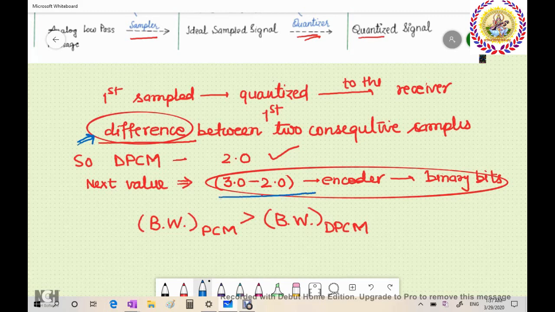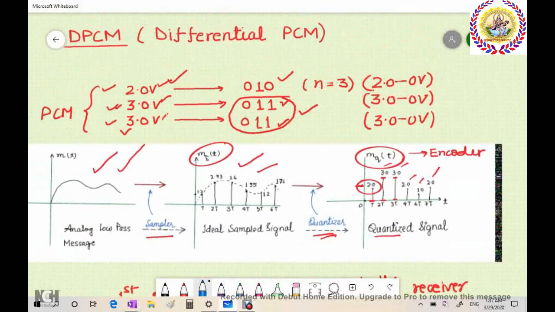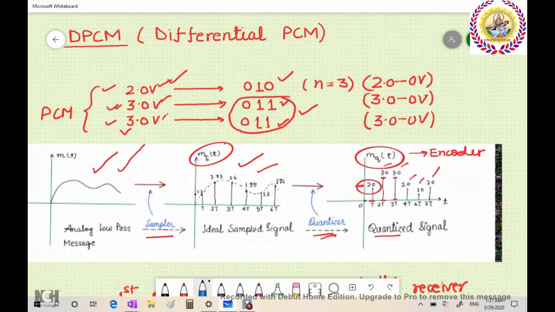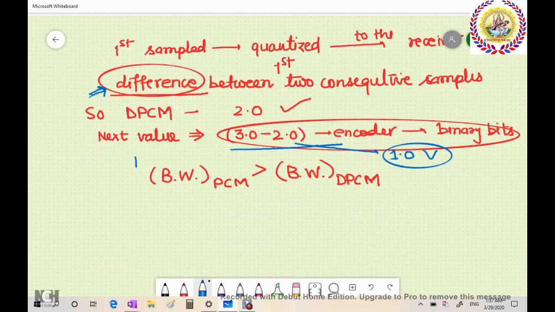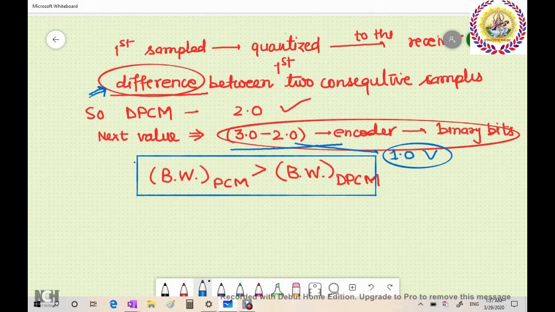See, in this case we have to quantize 1 volt, in spite of in PCM where we are transferring the equivalent of 3 and again 3. So the bandwidth of DPCM is comparatively less than the bandwidth of PCM.